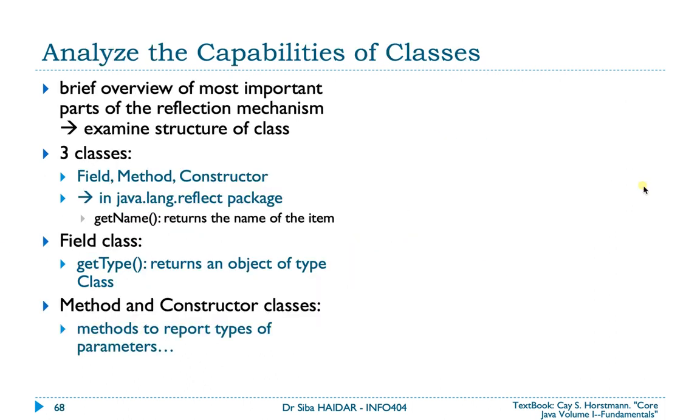So as an example, let's analyze the capability of a class using reflection. To take a brief overview of the most important parts of the reflection mechanism, let's examine the structure of a class.